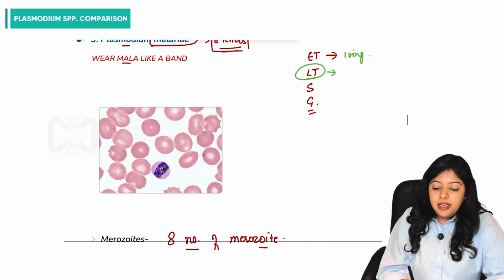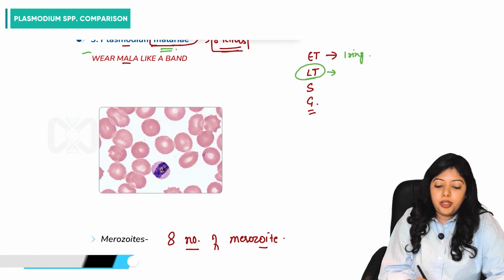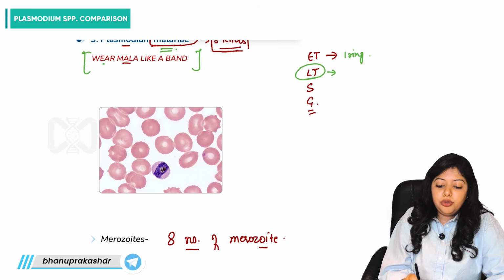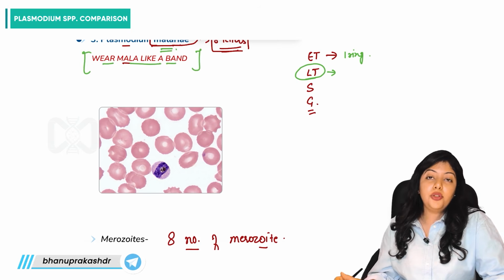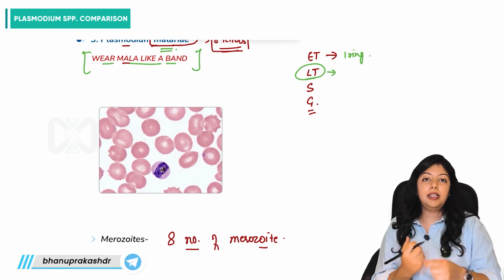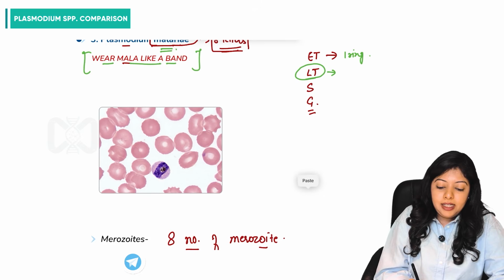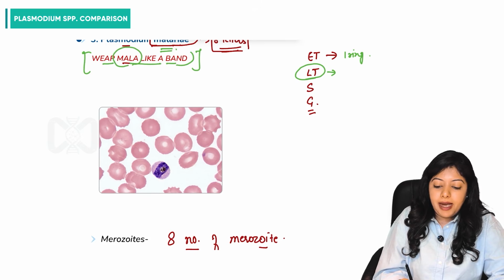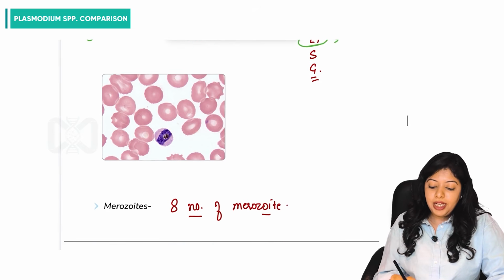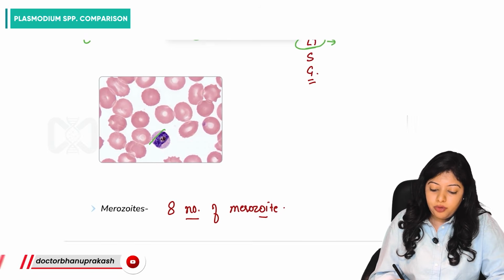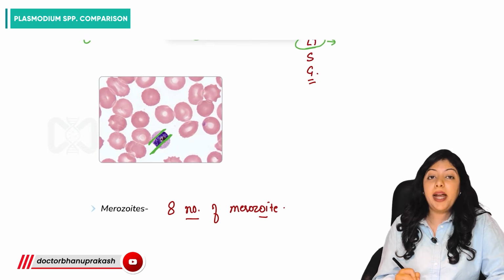So for malariae, we have another mnemonic. We have seen a lot of people, they wear mala like a band in their hands, right? So mala and a band. So late trophozoite would be seen as band form.